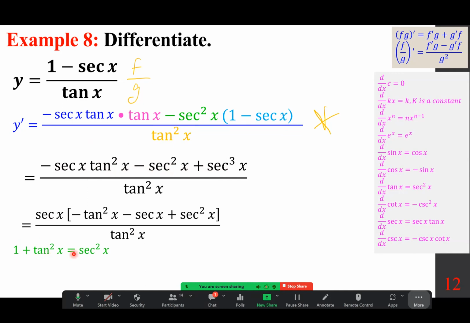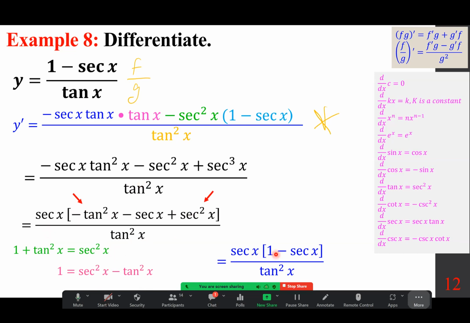I can say tan squared is secant squared minus 1, or I can say secant squared minus tan squared is 1. And the reason I'm going to go with that one is because I notice secant squared here minus tan squared here, and therefore these two give us 1. And we are done here.